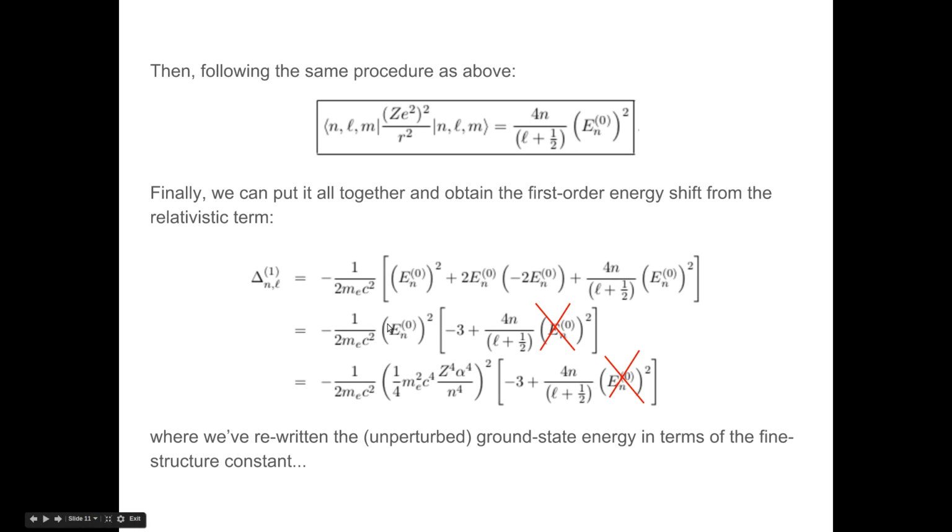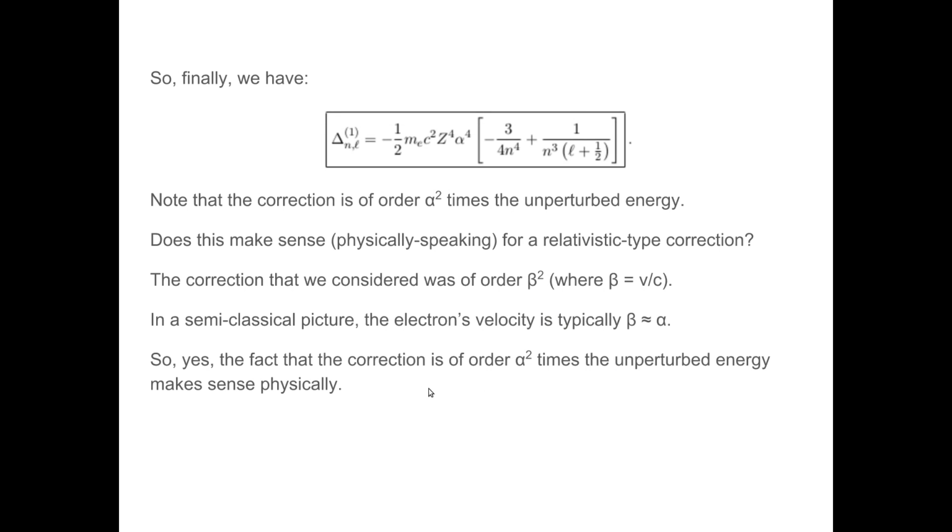We can rewrite the unperturbed energy in terms of the normal constants, like the fine structure constant, the mass of the electron, and so on and so forth, right? And what we end up with is a very simple looking expression for the first order energy shift, okay, due to the relativistic correction from the electron's motion, right?